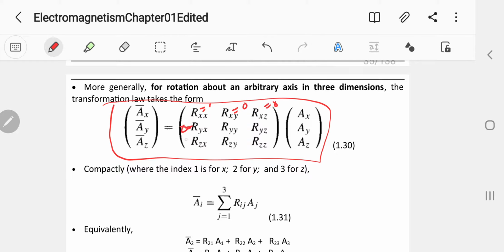This is also equal to 0, and this is also equal to 0, and this one is cosine phi, this is sine phi, this is negative sine phi, and this is cosine phi. So that's how you transform a vector from one frame to another frame, which is different from the original frame.